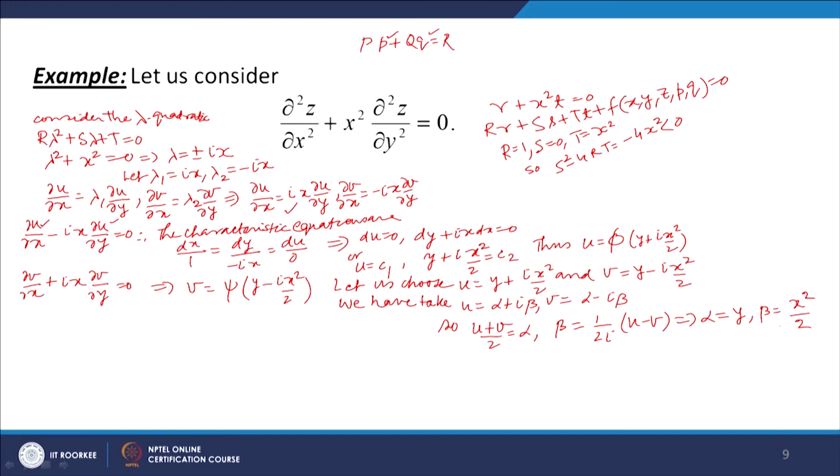Now, what we have? So, let us now convert this equation zxx plus x square zyy equal to 0 to its canonical form. Okay. So, let us find partial derivative of z with respect to x.